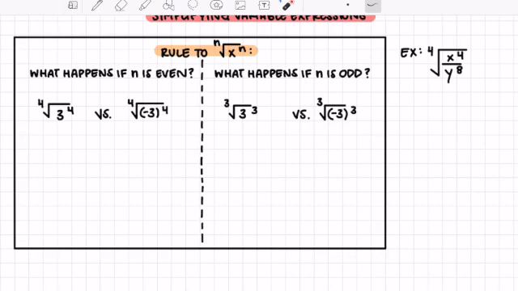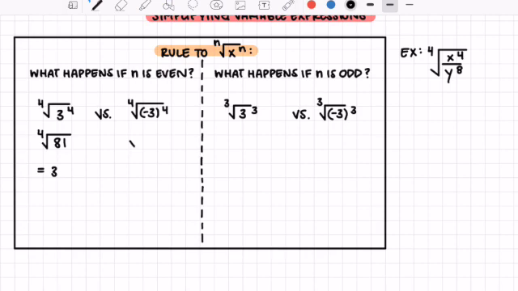So, for example, let's say that you have here 4th root of 3 to the power of 4 versus 4th root of negative 3 to the power of 4. So we want to see what happens to our answer first. So I'll just solve this out. I'll start off by solving out the inside. 3 to the power of 4, that equals 81. And I know that 4th root of 81 is just 3 in the end.